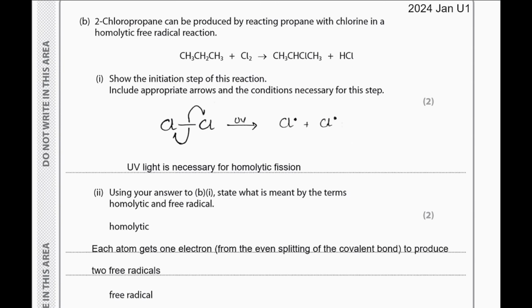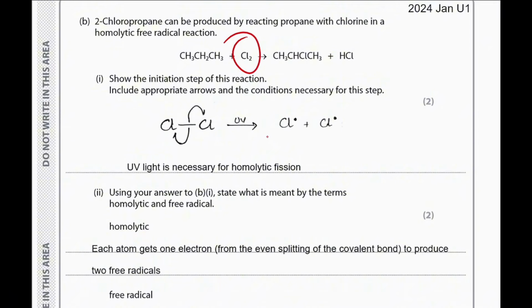2-chloropropane can be produced by reacting propane with chlorine in a homolytic free radical reaction. This shows the initiation step of this reaction; include the appropriate conditions. In a free radical substitution reaction, the first step in the mechanism is initiation, where the halogen bond breaks via heterolytic or homolytic fission.